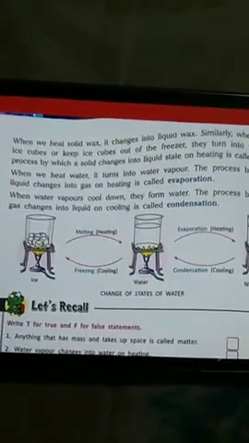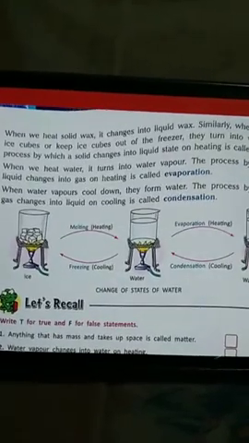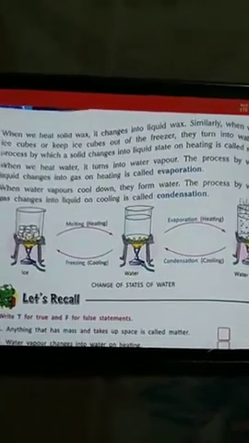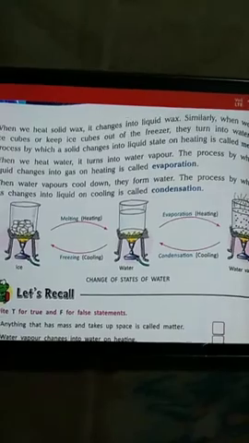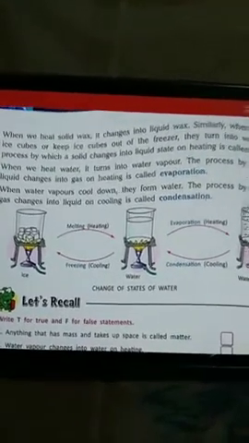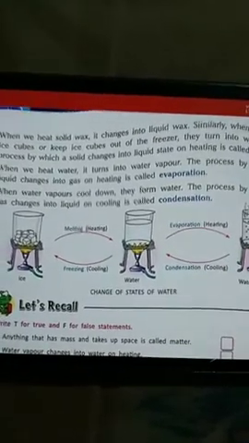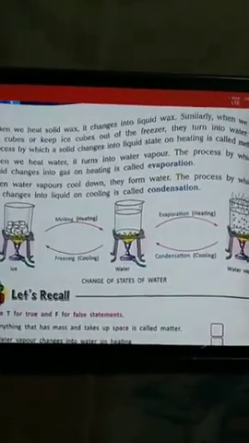When boiling started, the liquid water changed into water vapor, and it was hot. But when these hot water vapors touch the cold surface of the lid, they condense and form droplets of water.